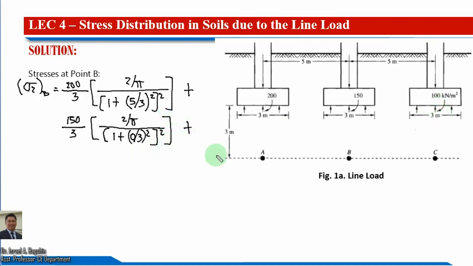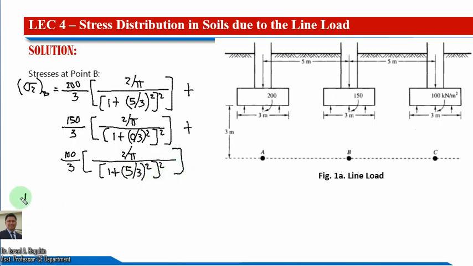And we have also this third footing, which is 100 over 3 times this 2 over pi, divided by 1 plus, so from here to this third footing the horizontal distance is 5, so it is 5 divided by 3 squared raised to the power of 2.